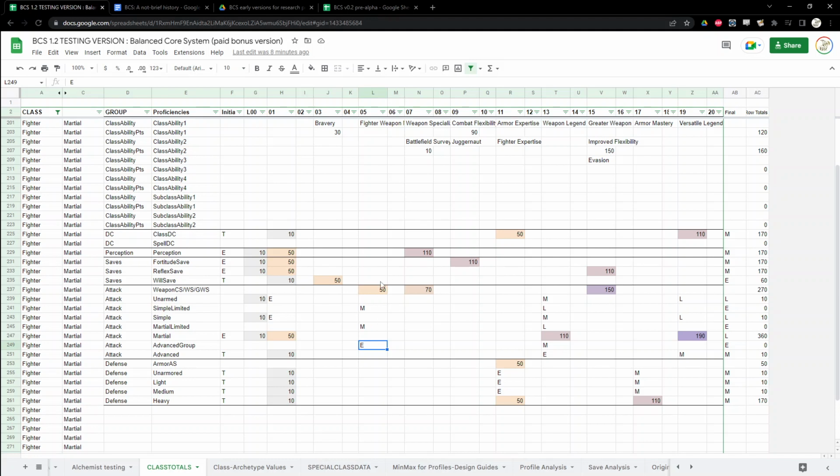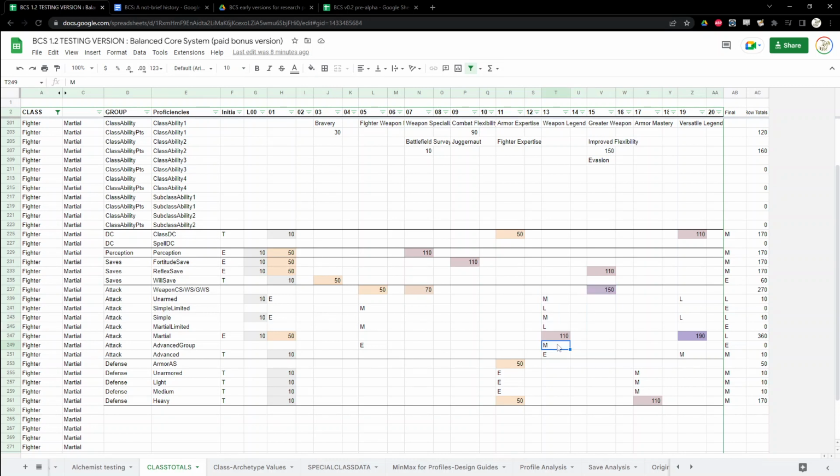Of course, the fighter is weird here in that the fighter's got its weird things, but other classes would get expert at level 5. Other marshals do, and it would get 50 points right here, charged, and then the next odd level, it gets weapon specialization. And similar thing with greater weapon specialization.